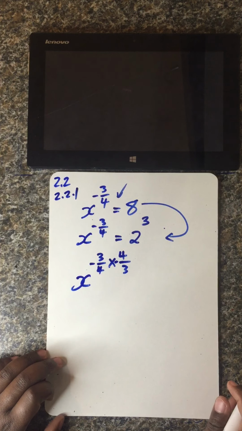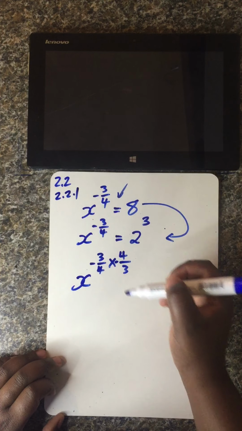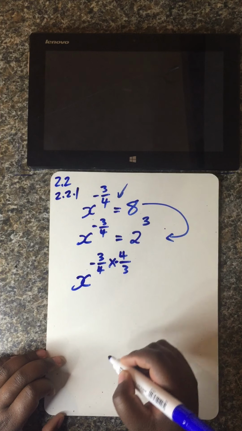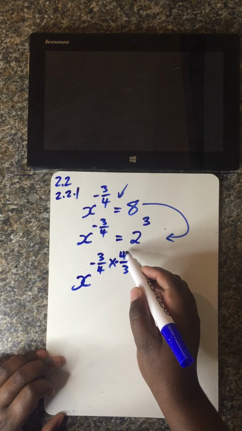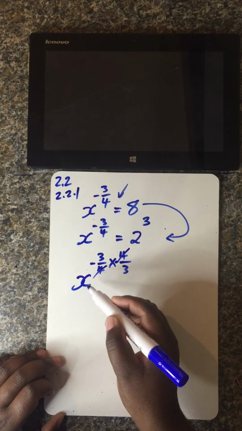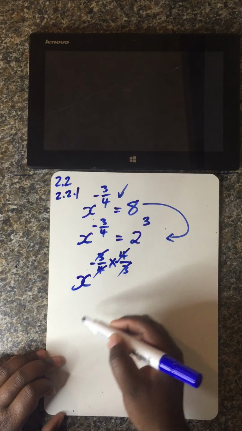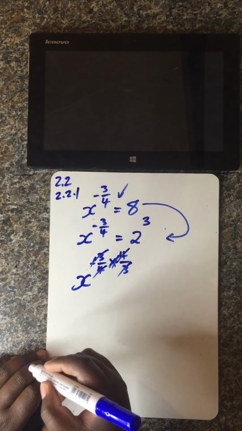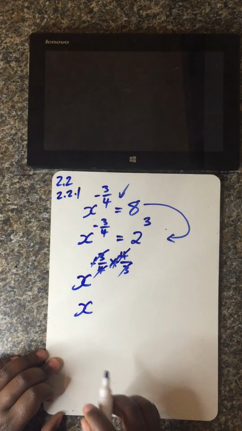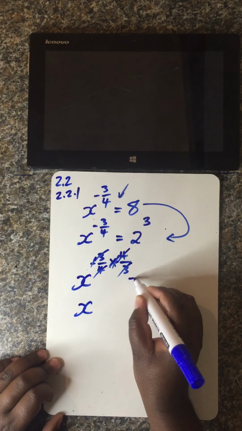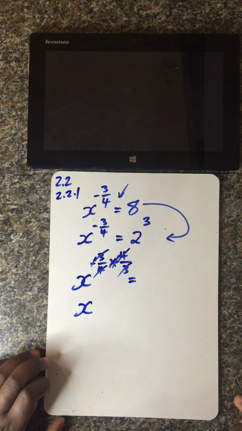Why are you multiplying by the reciprocal of that same number? It's because you want this to cancel, that to cancel, negative and negative to cancel, so that you remain with x.